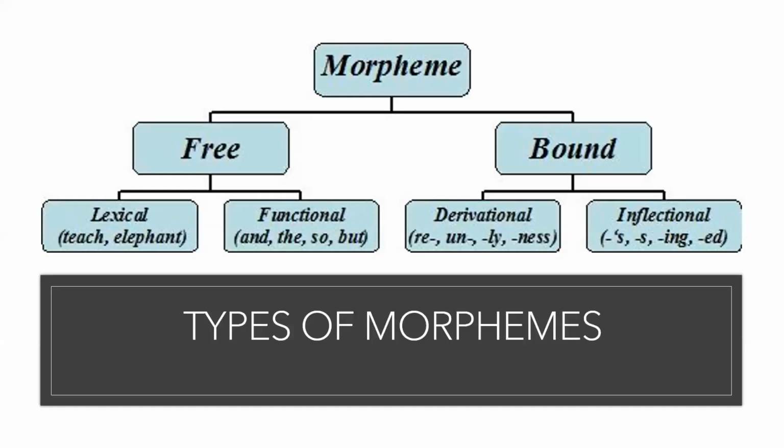And they can be free morphemes. A lexical morpheme is just that, it's vocabulary. It's the words in your lexicon. So in this particular example that I found using Google, they have teach or elephant as the lexical examples, or it can be functional, like and, the, so, but.